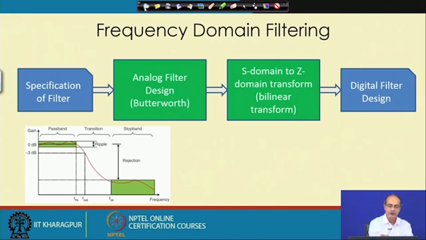Next, we need to give the amount of attenuation, or the difference between the pass band and the stop band. We take the maximum of the stop band response and the average of the pass band response. This difference is the rejection, or we say that so many dBs of attenuation need to be there from pass band to stop band.